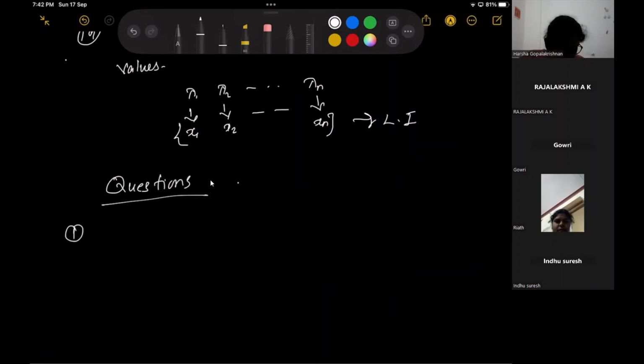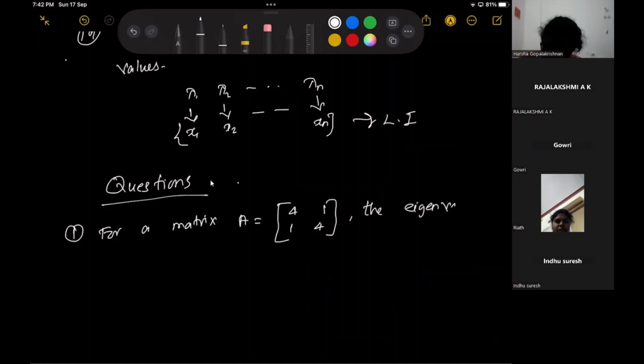So the first question is: the matrix A is given as 4, 1, 1, 4. We need to find the eigenvalues of this matrix. The options are given, the first is 3, 5.